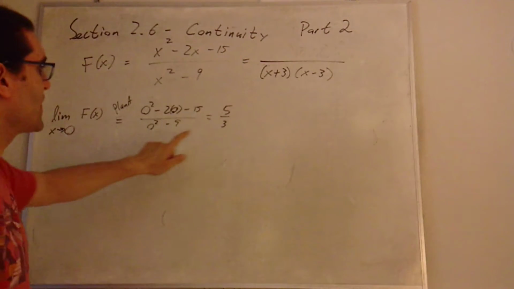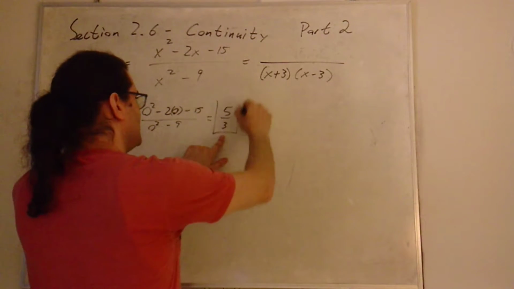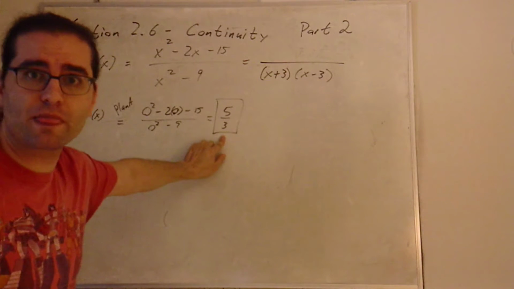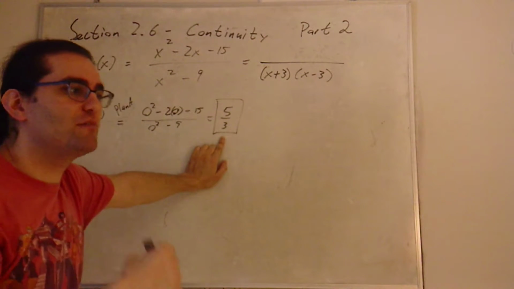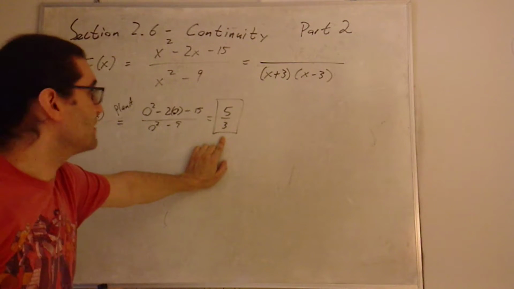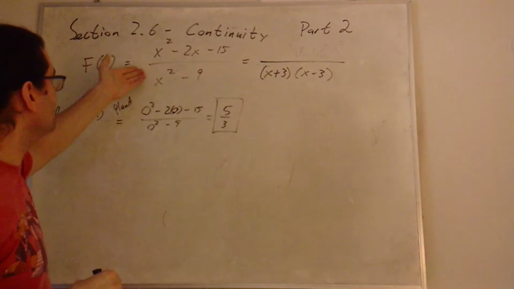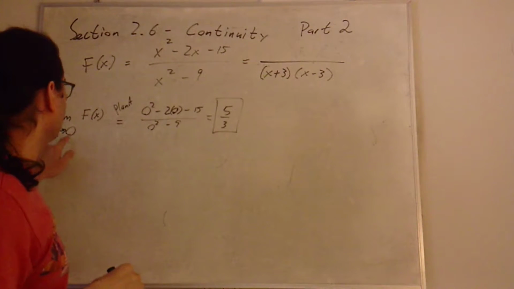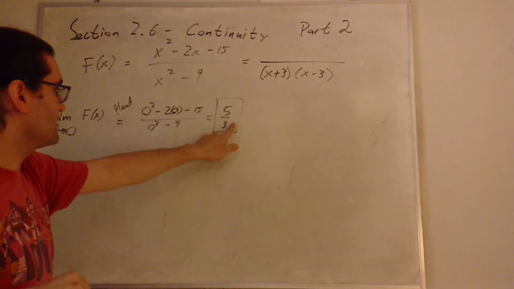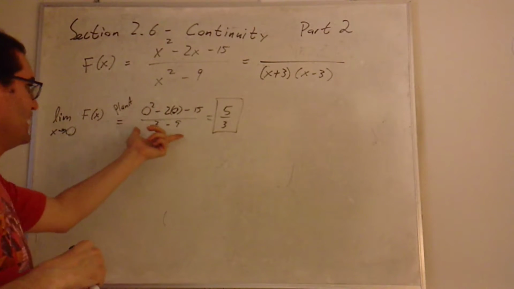Okay. Because plan A is giving me a number, plan A giving me a number means that the function is defined at this point. f of 0 is 5/3. Because plan A is basically just evaluate f of 0.